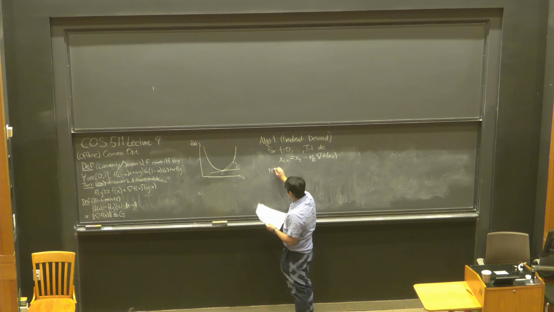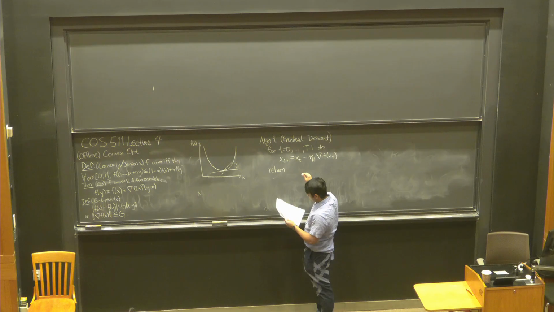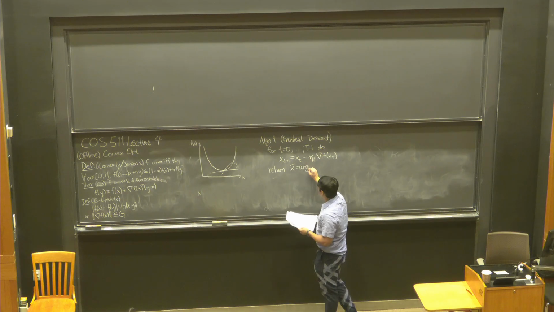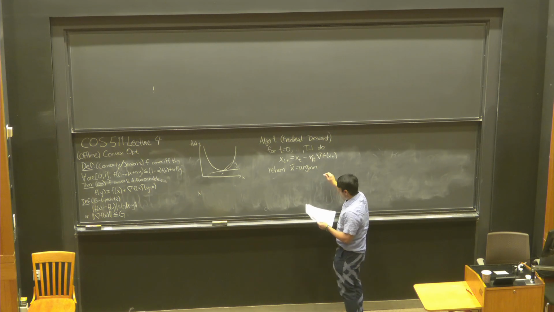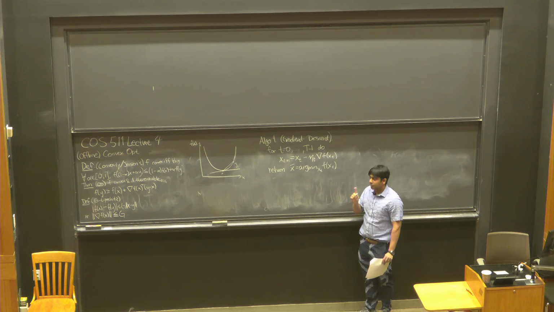And then we return the average, or sorry, the best one we've seen. I think you can return the average too, but today our proofs will be about the best one. And again, notice the only difference from Tuesday is that there's no t subscript on the f. It's the same function we're trying to minimize throughout time.